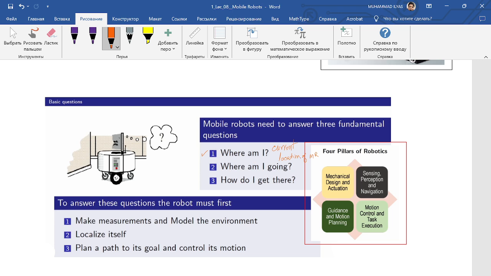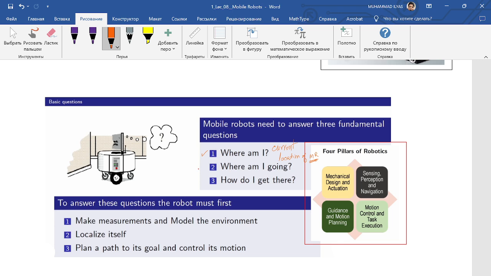Knowing the current location of the mobile robot is called the localization task. In mobile robots, localization is a full-fledged module which is needed to move the robot successfully in its environment and perform the task.